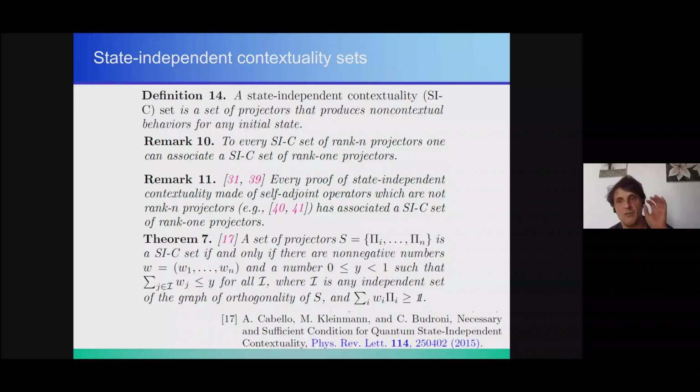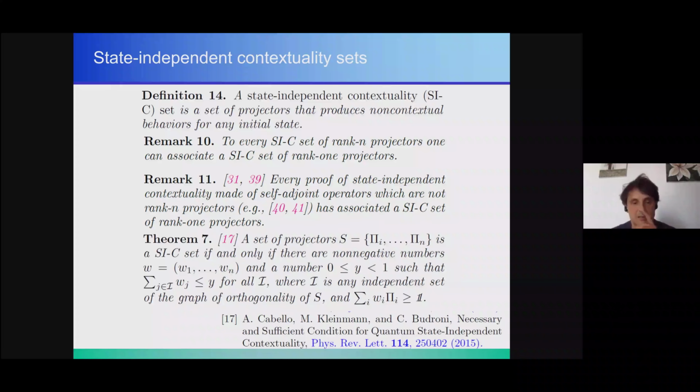A remark is that in principle this state-independent contextuality set might have projectors of rank 2, rank 3, but you can always convert any such set into a set of projectors of rank 1.